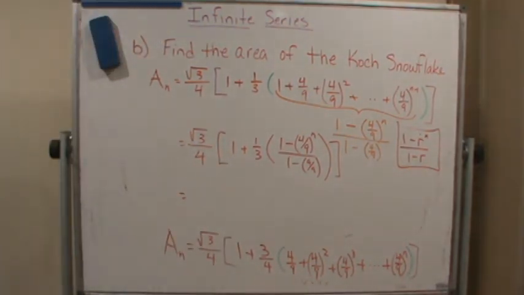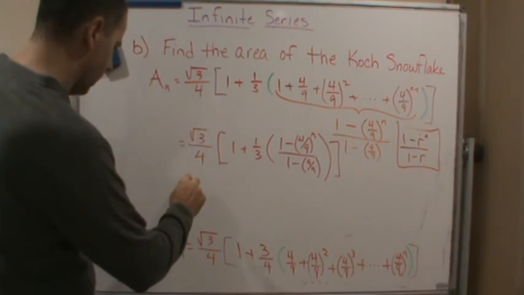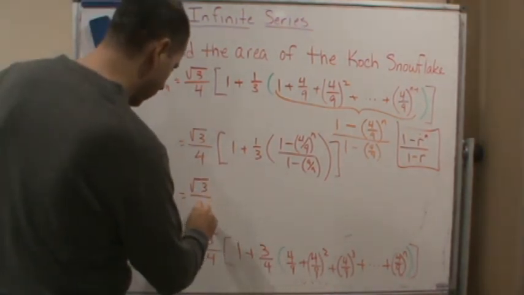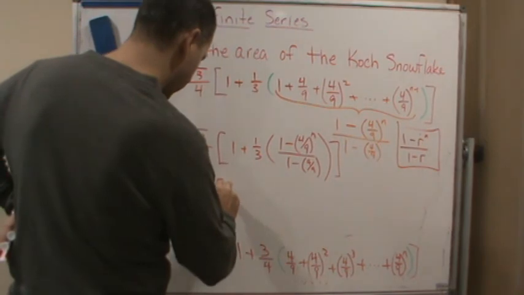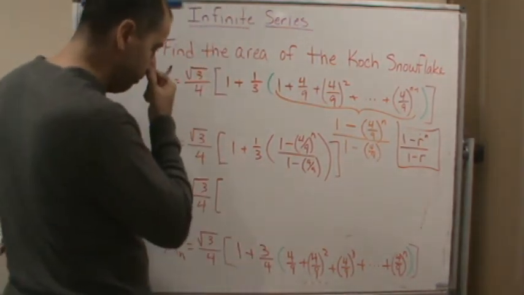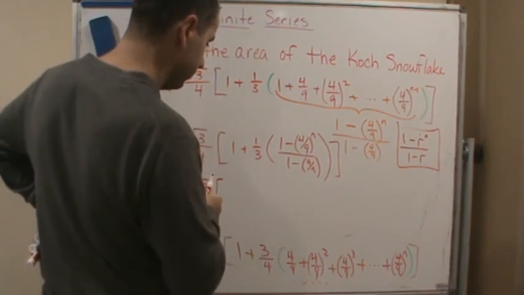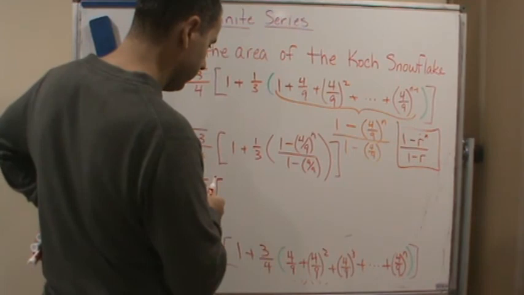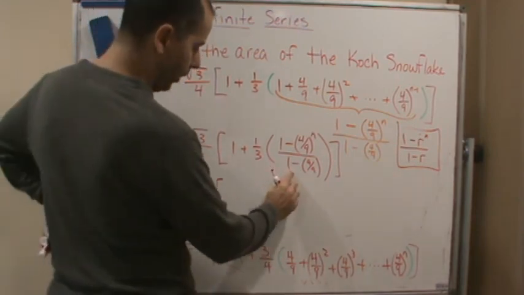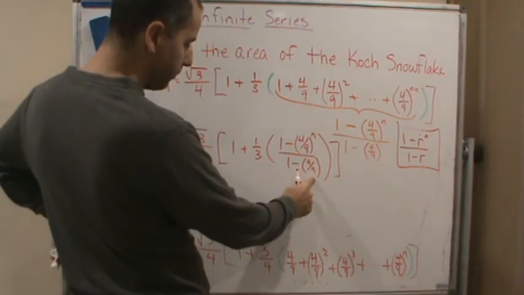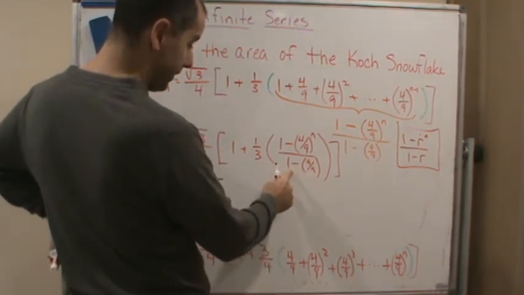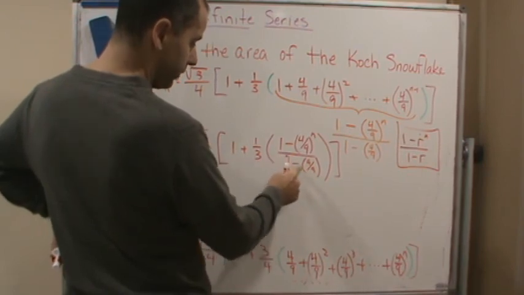And what do we want to do with this one? Okay, so this becomes square root of 3 over 4. And what do we get? We get, okay, so 1 over 1 minus 4/9 is going to be what? 5/9, right? Because 9 over 9. So this is going to be 5/9.